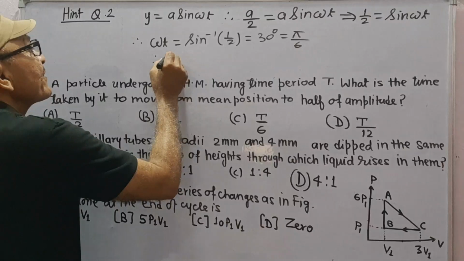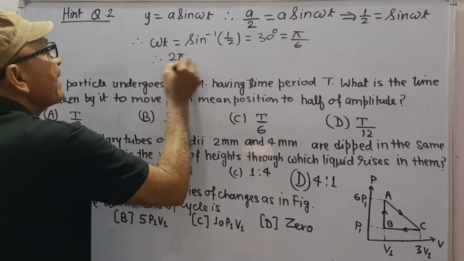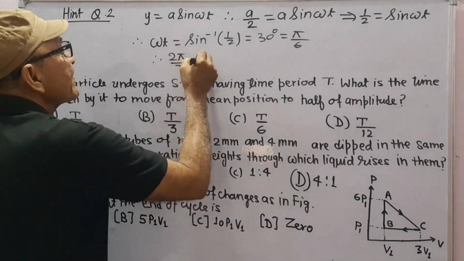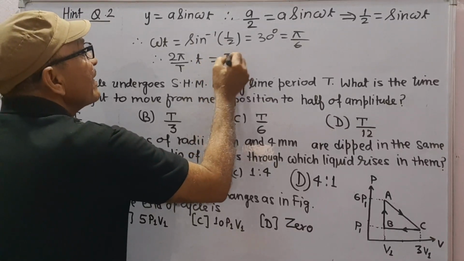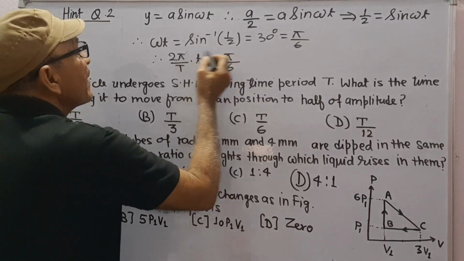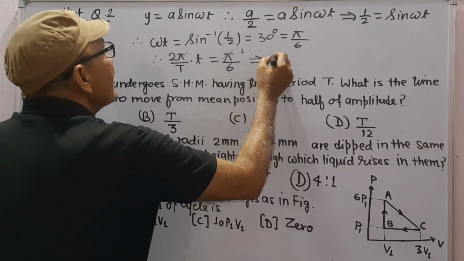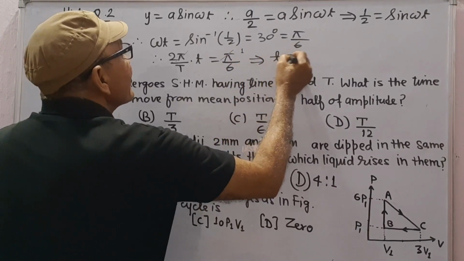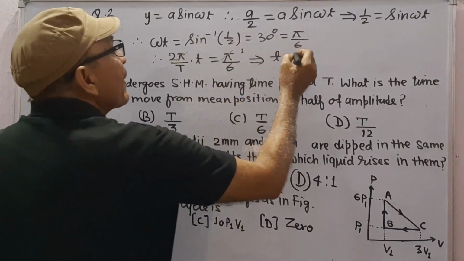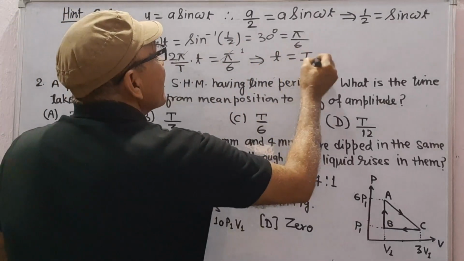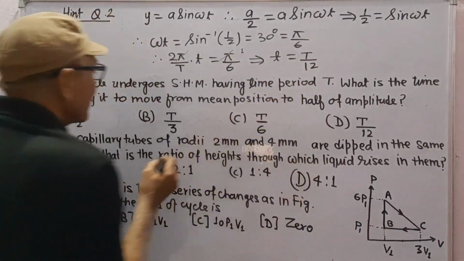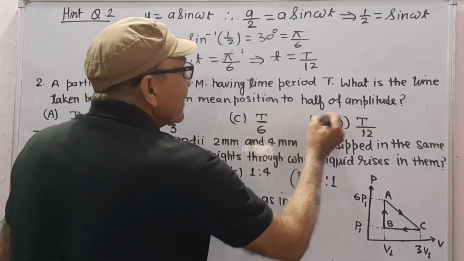Therefore, omega, that is 2 pi by T, into this t is equal to pi by 6. Pi cancels out and we get small t is equal to capital T by 12. So the correct option will be D.